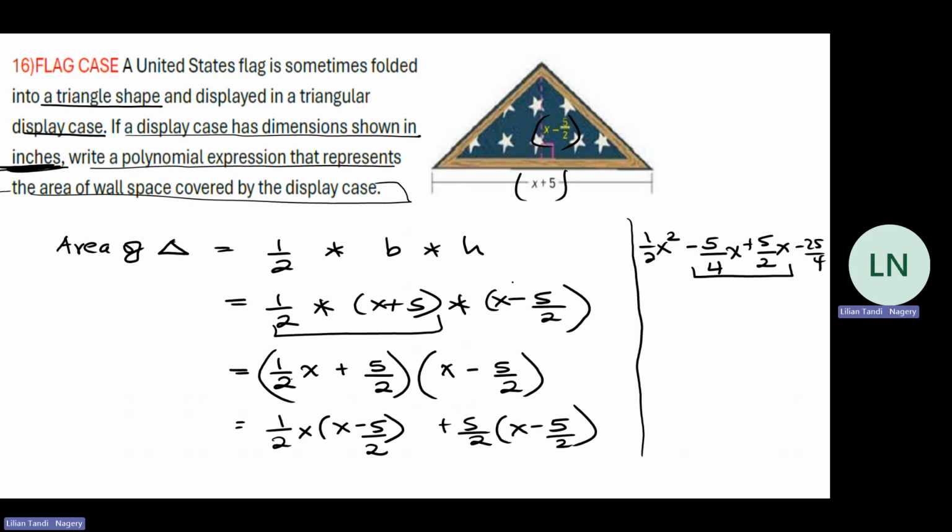So this will be equal to a half x squared, then you will get 5 over 4, so that is positive 5 over 4x minus 25 over 4. And you box your answer. And it is area, so it will be square inches. You can write it like that, square inches, or you can write it inches squared. Doesn't matter. But you should have your units over there, okay?